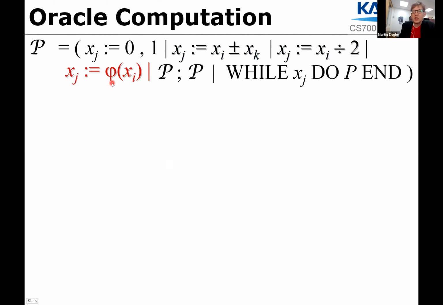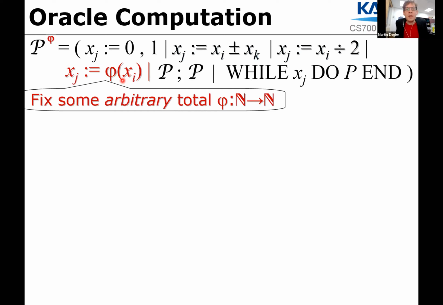So this is a function of one argument, although as you remember, we can also have several arguments combined into one, so this is no loss of generality. The function returns some other value, which is then stored into another variable xj here. And what kind of function phi is this?